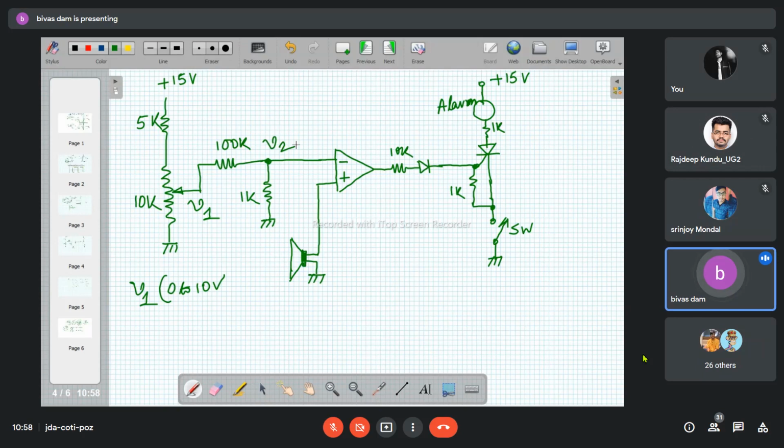If this node is V2, what is the range of voltage that is available at V2? Roughly. So 0 to 0.1.